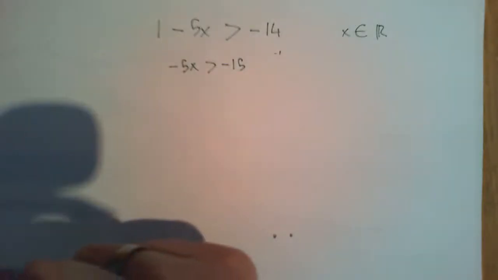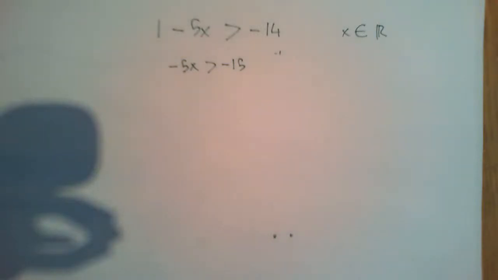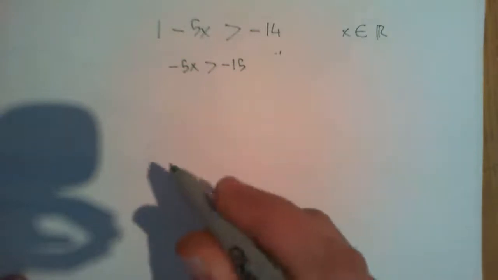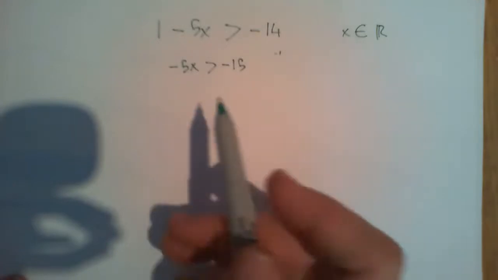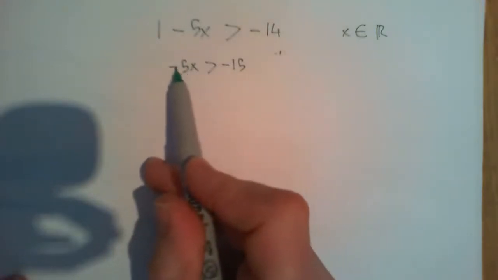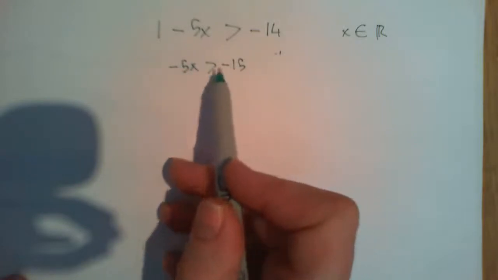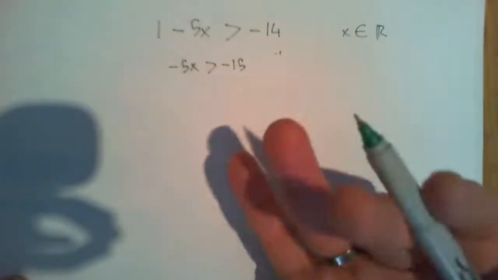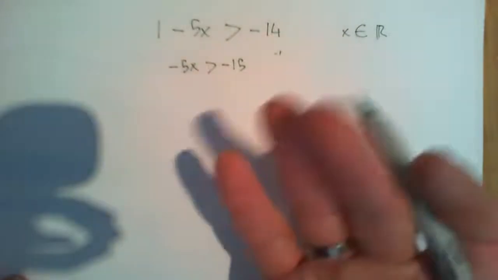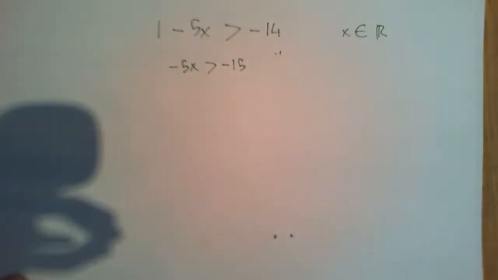Okay. Now, this is where we have to be very careful. Because I'm trying to get this into your head very early. Usually, I would just divide both sides by negative 5, like in the previous question, where you divide both sides by plus 2 and it gets rid of the number in front of the x.